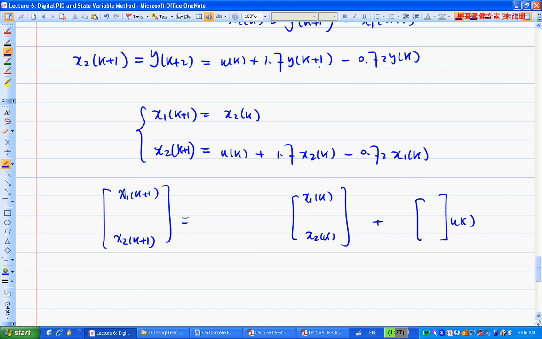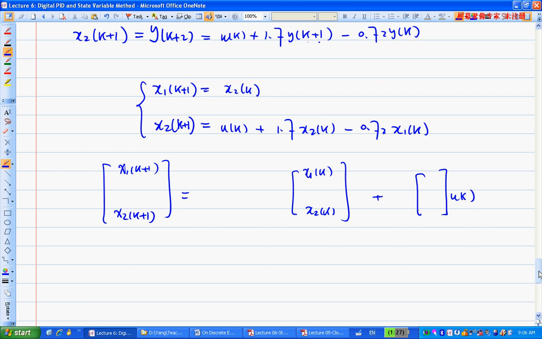This is what we want. So what will be this matrix and this matrix? Basically this is our A matrix, and this is the B matrix.